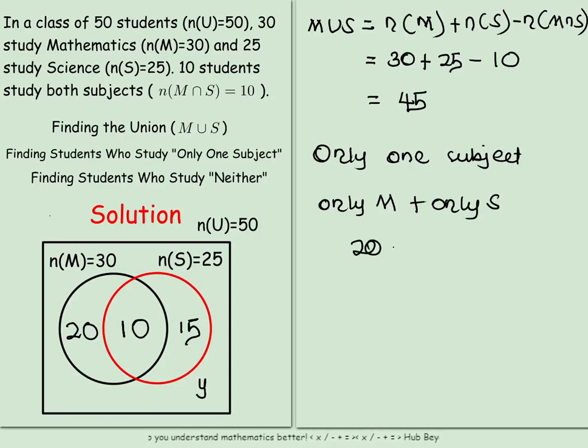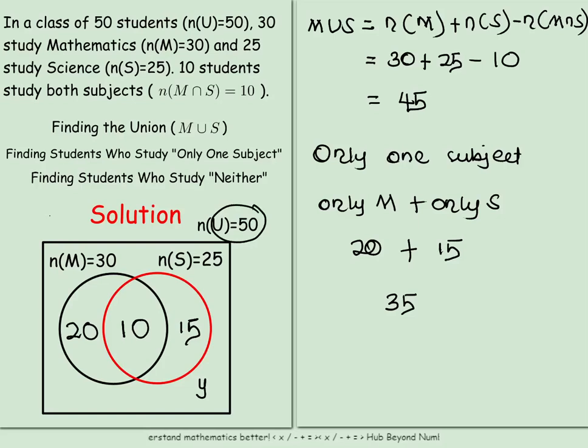So we have 20 here, plus your only science, which in this case is 15. Adding that up gives us 35. So it simply means out of the 50 students, 35 study only one subject. Do you see that? Only one subject.